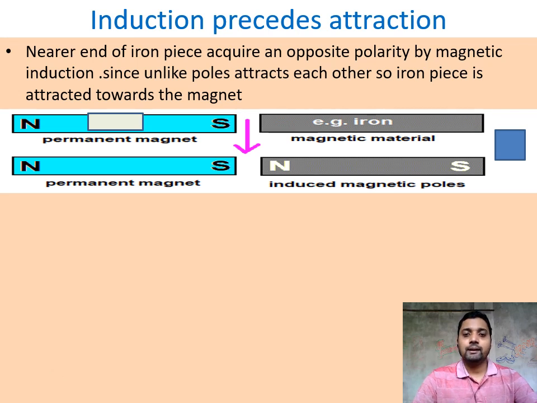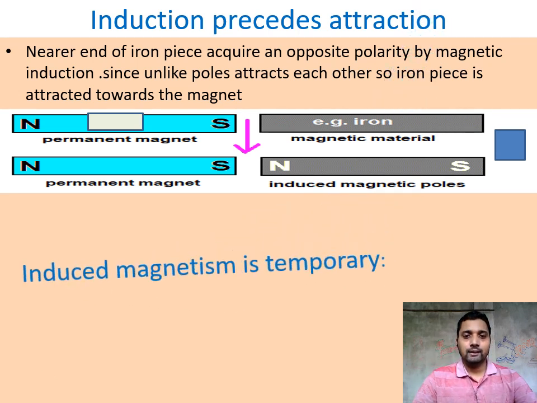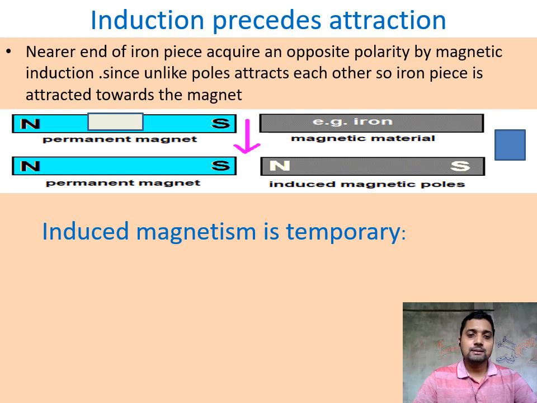And this magnetic induction is temporary in nature, because it lasts only as long as the magnet remains near the magnetic substance. Up to that much time the magnetic force or magnetic power will be in the magnetic substance.